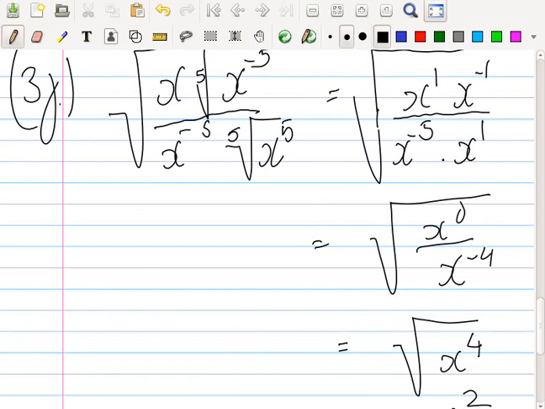Scroll up a bit. Okay, go down a little bit.